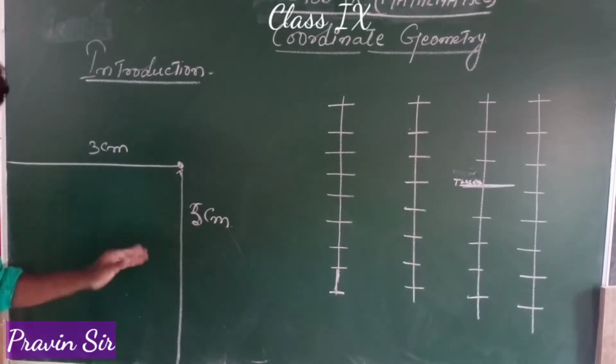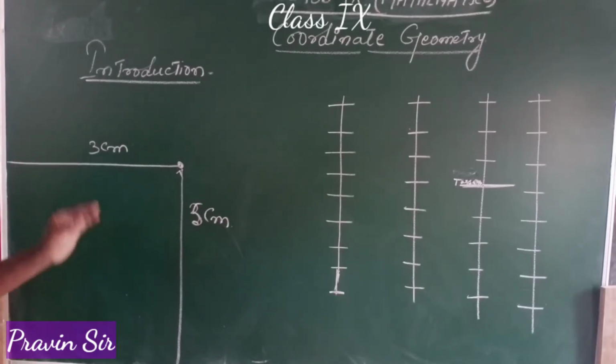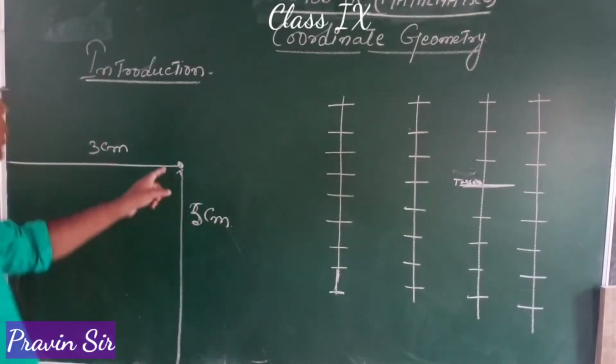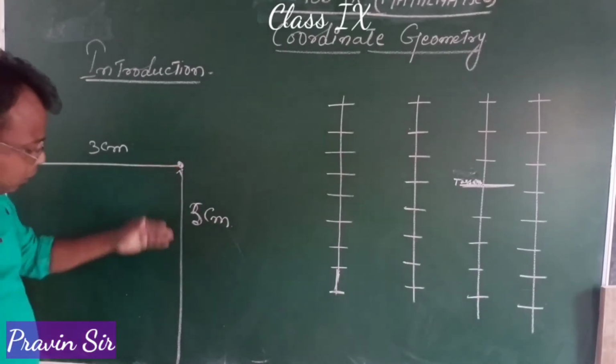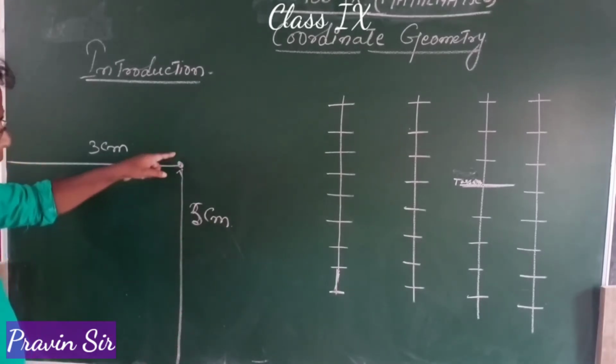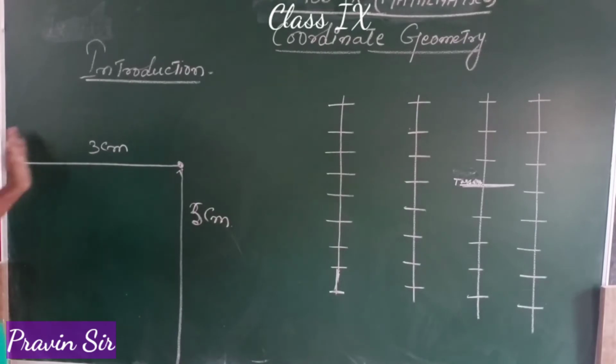This is correct information. If I ask what is the location of this point, your answer may be this point is located 5 centimeter from below of the board and 3 centimeter from the left side of the board.